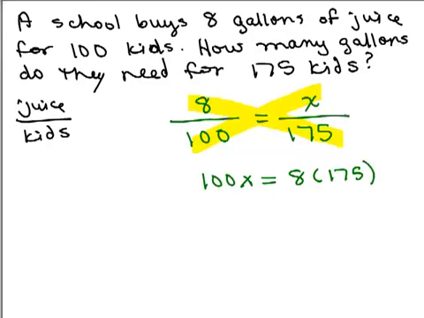Okay, now you could go ahead and multiply 8 times 175, and if you have a calculator, it's pretty easy to do. The way I do this is by reducing things. So I'm just going to go ahead and divide both sides by 100 and use canceling because I never have my calculator around. I like to use my mind.